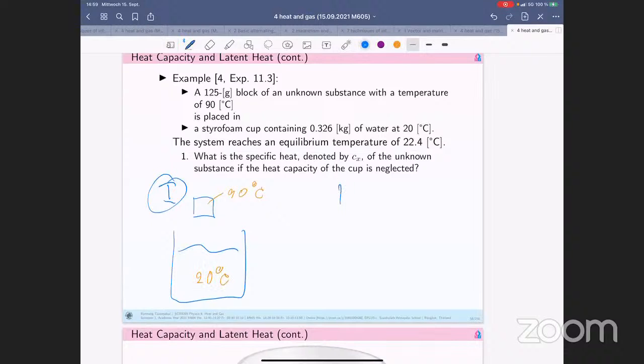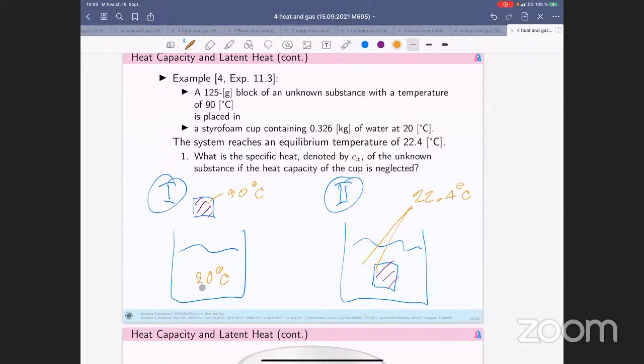In the second stage, you leave them together. The final temperature for both substances is 22.4 degrees Celsius. This one is quite hot, and this one is 20 degrees, the room temperature.